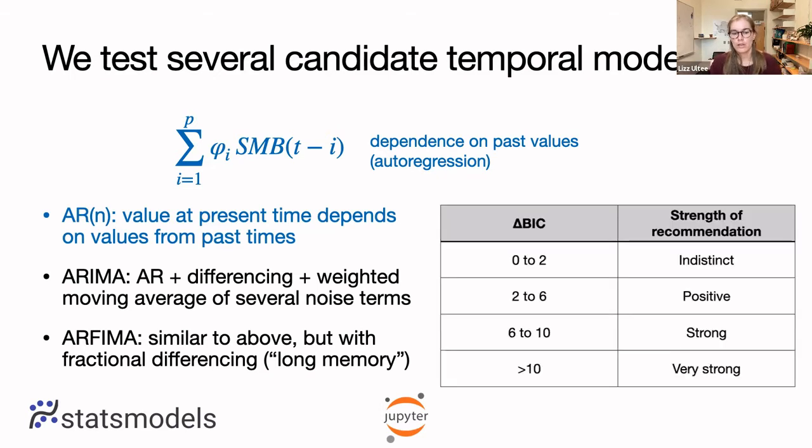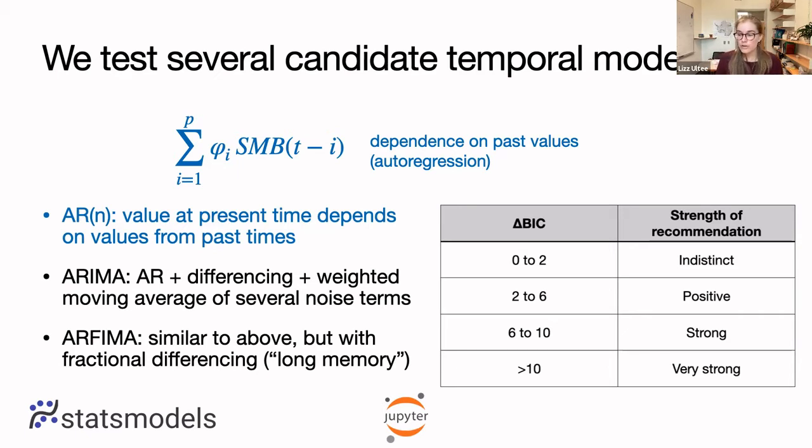But we use the Bayesian information criterion, as I described earlier, which measures goodness of fit with a penalty for number of parameters to choose among these candidate types of temporal models. And we find that AR(n) is strongly preferred in terms of Bayesian information criterion. So the difference in Bayesian information criterion between AR(n) and others is on the order of hundreds. So the strength of recommendation is very strong, as outlined in this table.